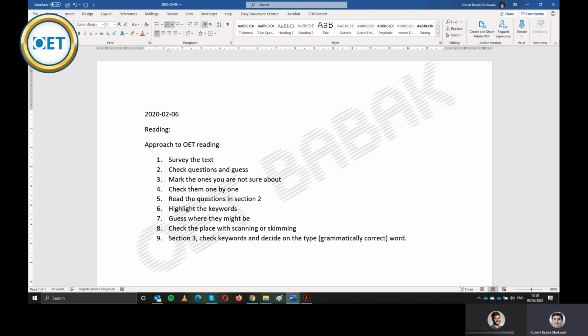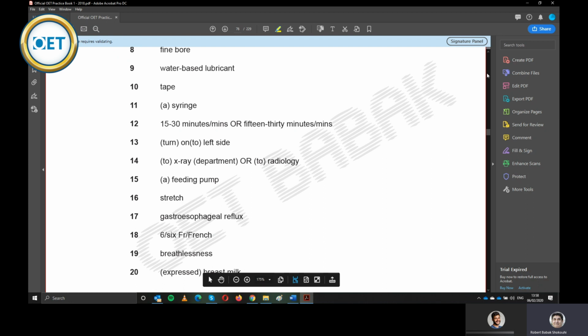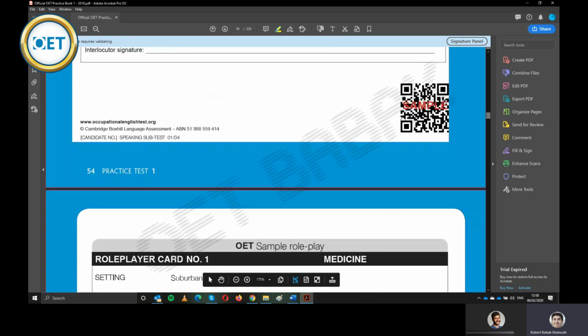So you need to decide whether you want a noun, a verb, basically what it is that you're looking for. Are you looking for a number? Are you looking for a size? Okay.